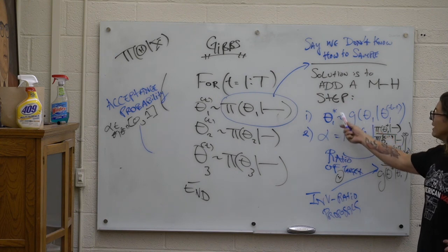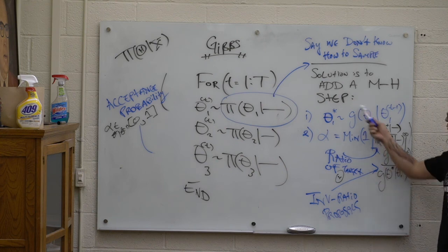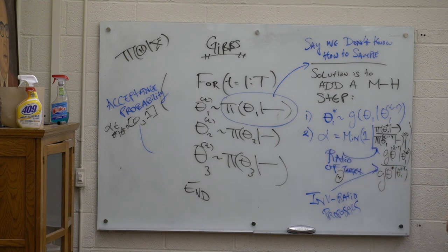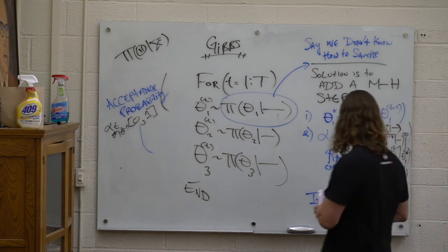So I sample something that at least could be a candidate for that value. I need a random mechanism for doing it. This is the whole question in Metropolis-Hastings, how you choose. I compute my acceptance probability, and then step 3, I choose whether or not to accept.